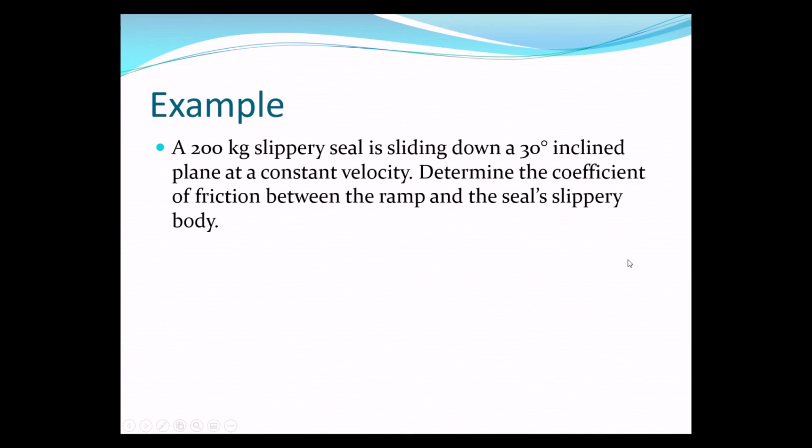It says that a 200 kilogram slippery seal is sliding down a 30-degree inclined plane at a constant velocity. Ooh, that's an important piece of information: it is going down at a constant velocity. Determine the coefficient of friction between the ramp and the seal's slippery body. Again, we're going to draw a free body diagram.